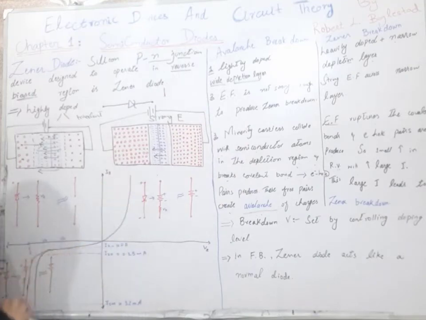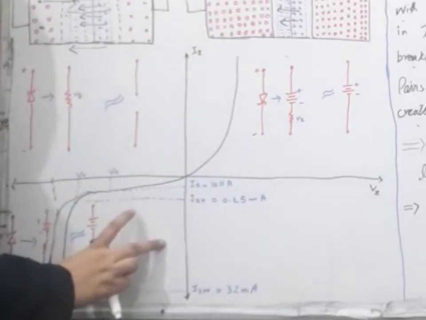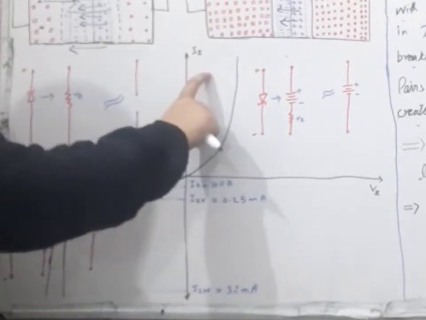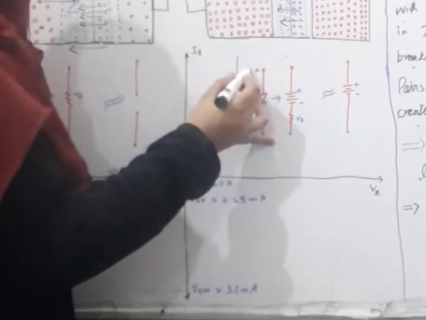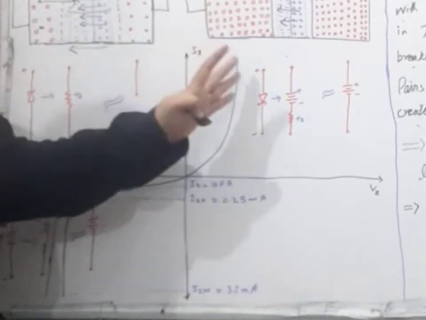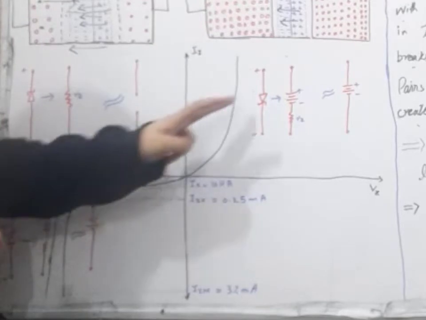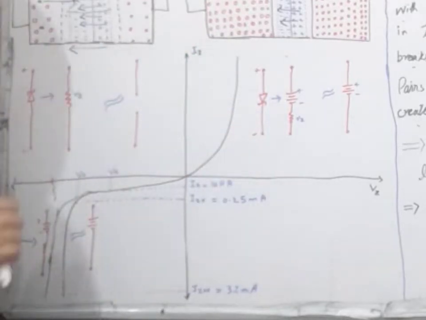This is the characteristics curve. This is the forward biased region, and this is the reverse biased region. In the forward biased region, the p type of our Zener diode is connected to the positive terminal. For forward biasing, the condition is that our p terminal should connect to the positive terminal of the battery, so P is connected to positive and N is connected to negative.